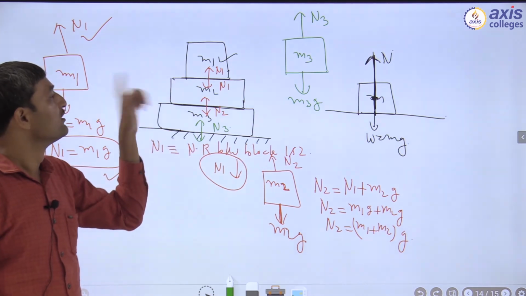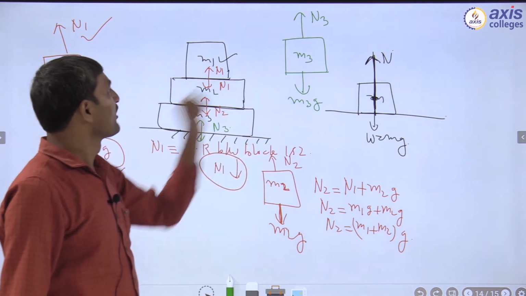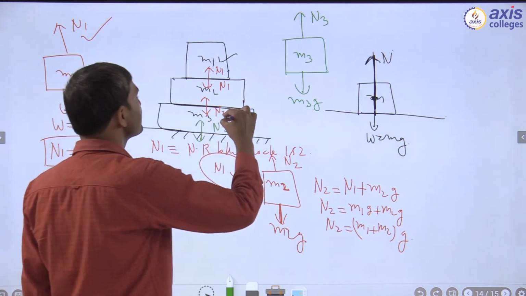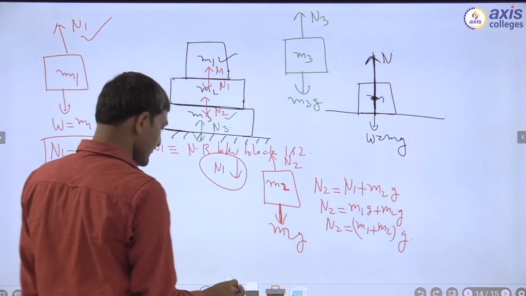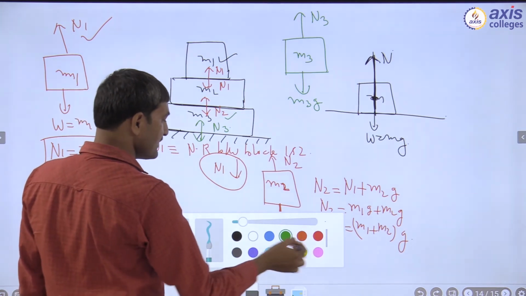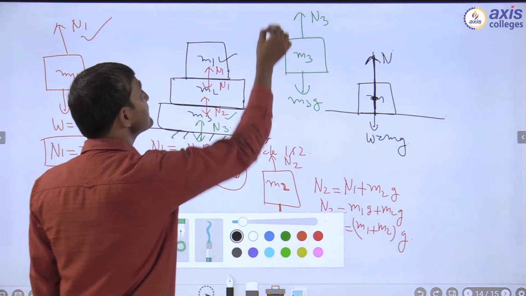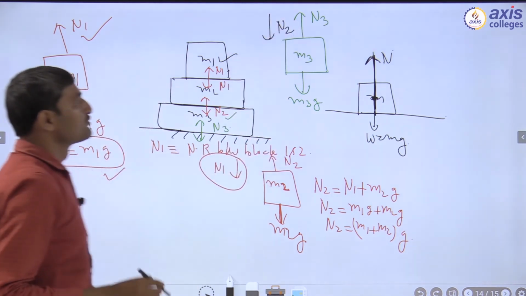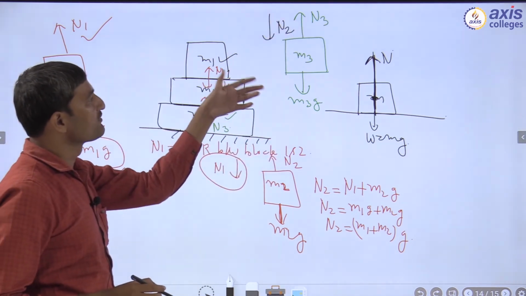But for block 3, N2 will work downward. So in the case of block 3, there will be a force, that is N2, working downward. So what is the net equation for the forces?